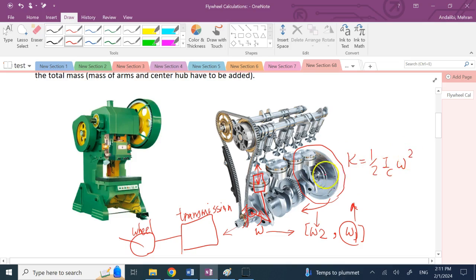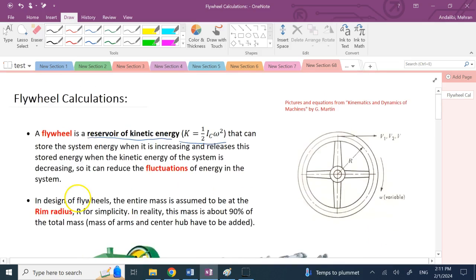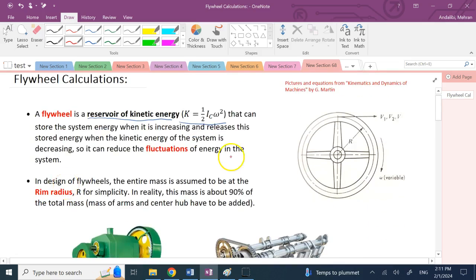So it acts like a reservoir of mechanical energy, just like what you have for a capacitor in electric circuits, or what you have for an accumulator in a fluid system, that they store energy, electrical energy, fluid energy, or anything.